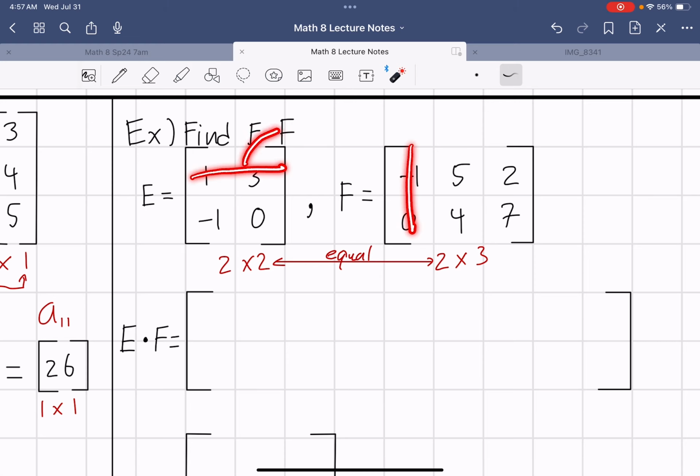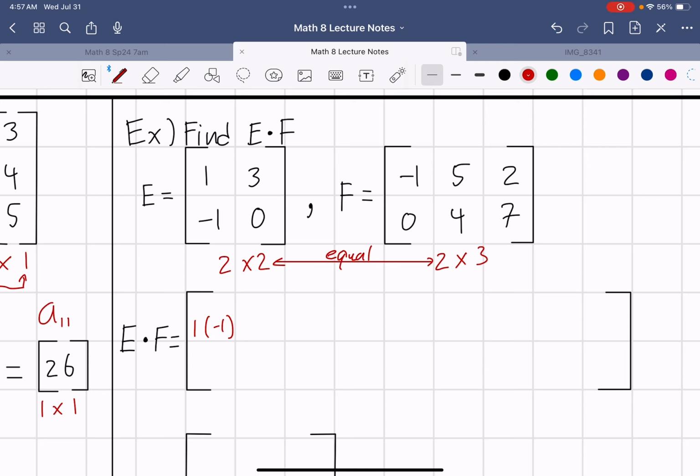You rotate that first row 90 degrees clockwise, and that's what gives you a vertical row. And then you're going to multiply straight across. That's going to be 1 times -1. And you're going to do that for each one.